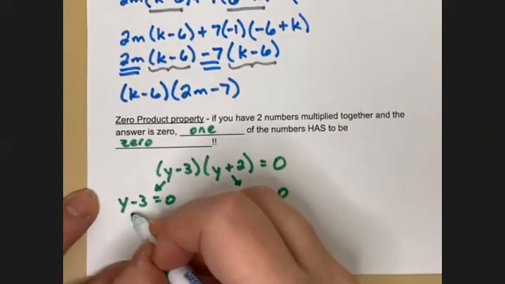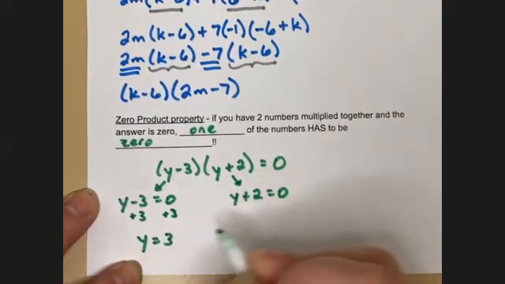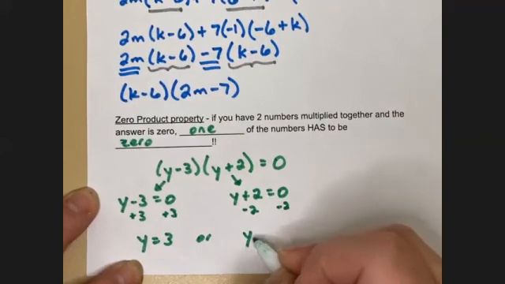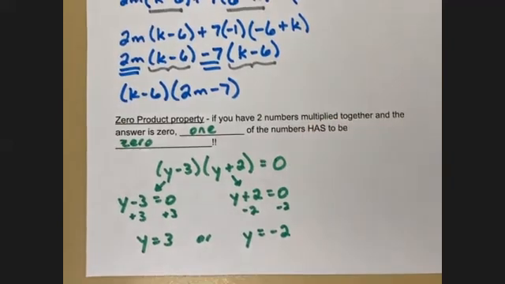And when I can now solve these, I end up with y equals 3, or subtract 2 from both sides, y equals -2. So I can solve these by setting them equal to 0, but I need them to all equal 0 to begin with, because if they equal something other than 0, then I have no idea anything about the numbers. But if they do equal 0, I know one of them has to be 0.